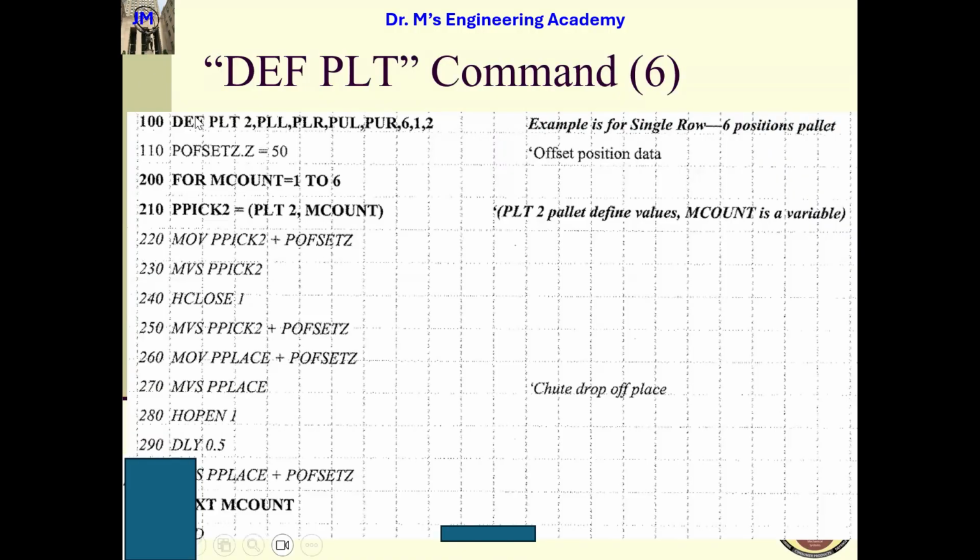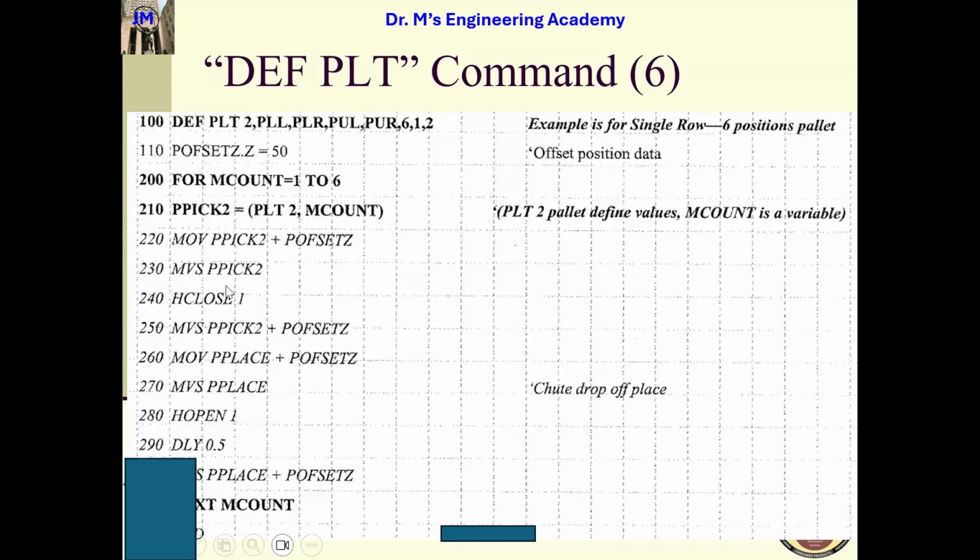Then we define the offset value in the z direction, 50 millimeter, and then you can see there is a for next loop. Whenever you define a palette, you will use the for next loop for this automation. We use count 1 to 6, and then we have pp 2 with parentheses and palette 2 micron this count.